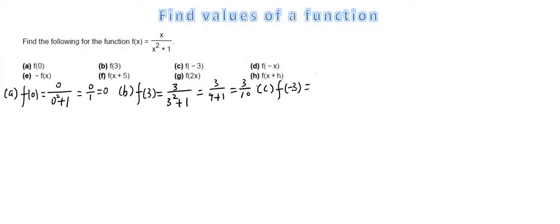Since here is a negative 3, I plug in the parenthesis negative 3, in case we make a mistake. For the numerator it should be negative 3, and for the denominator, negative 3 squared should be 9. 9 plus 1 is 10, so it should be negative 3 over 10.